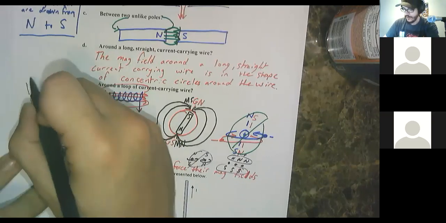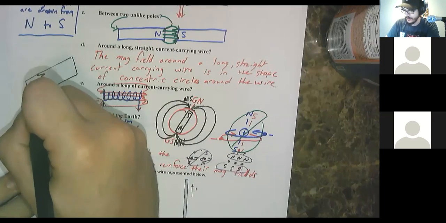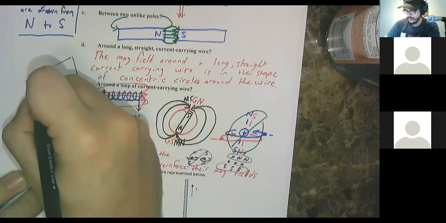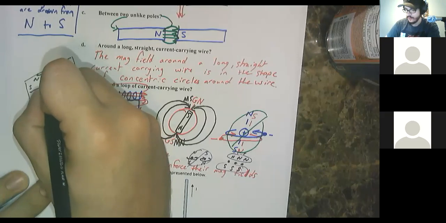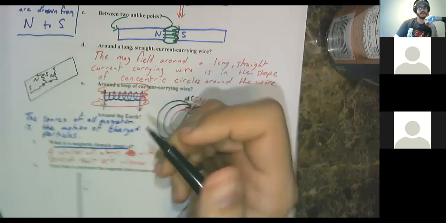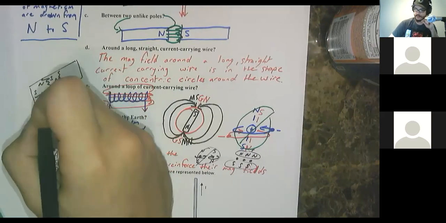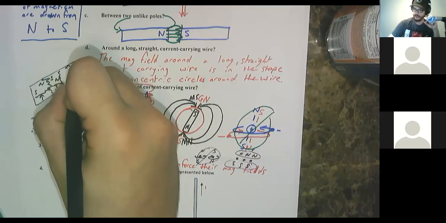So if you had a slab of iron, there might be a region over here where they're all lined up. Okay, so you've got a north here and a south here. And then that might make that there's a south here and a north here. Well, those aren't very well lined up. And then here versus here versus here.